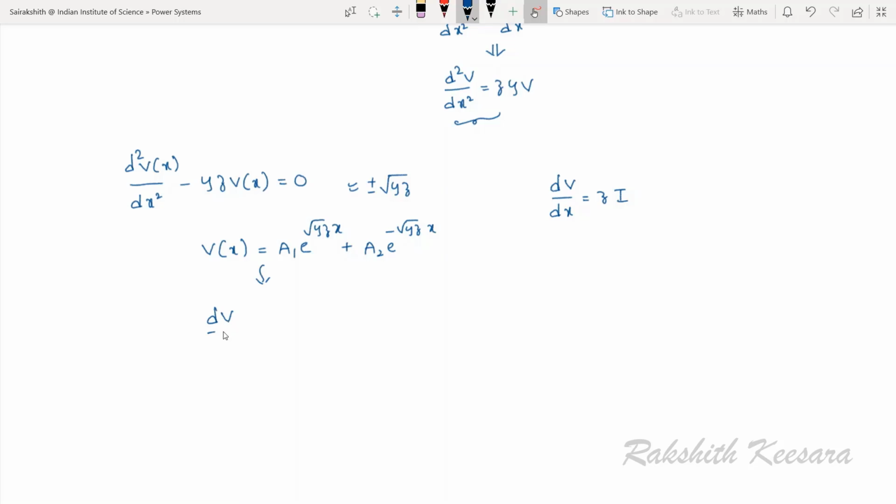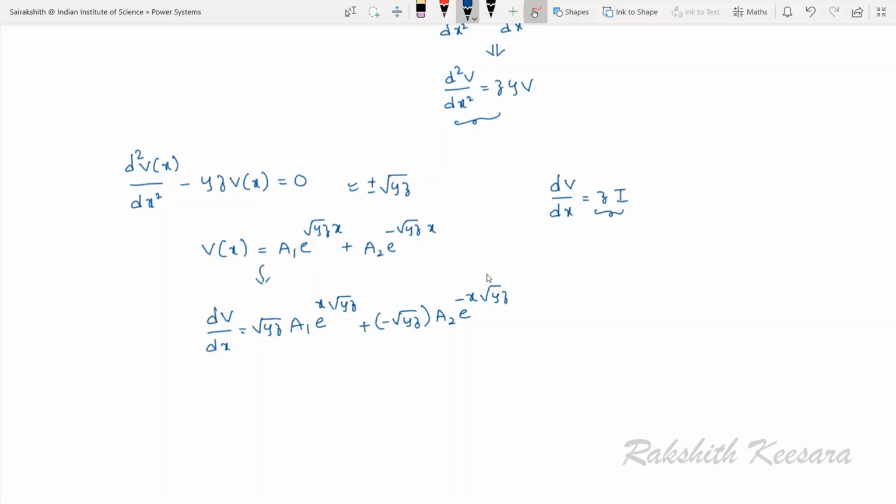What will I get? dV by dx will be root over YZ A1 e power x root YZ plus minus root over YZ A2 e power minus x root YZ.